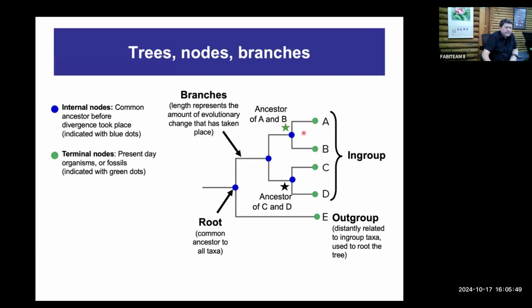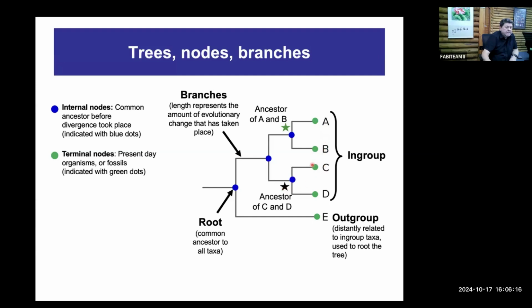The branches are connecting the taxa. And as I've said, the nodes are the ancestor of the taxa going down the phylogeny or down the lineage. So in this case, this node with the star is the ancestor, or the hypothetical ancestor, of taxa A and B.